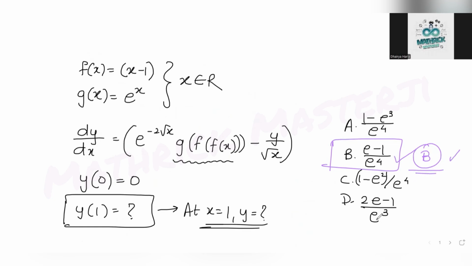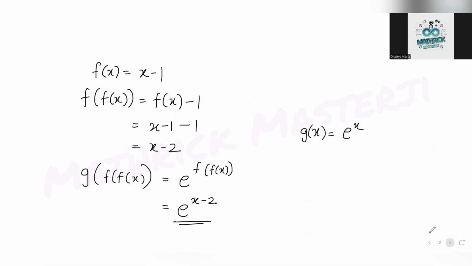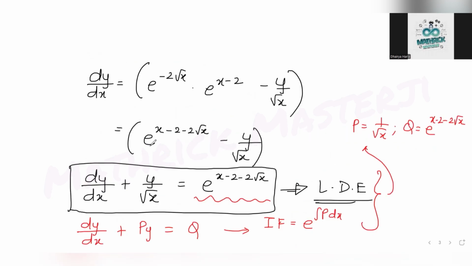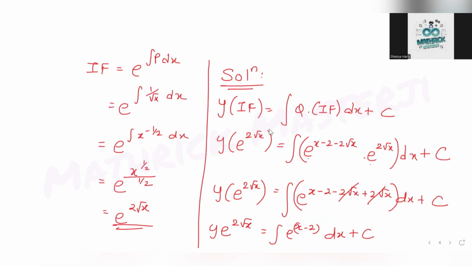I hope you have understood how to solve this type of questions, which deals with the concepts of differential equations. First we had the functions f of x and g of x. From there I found g of f of x. Once I found that and put it in the expression, it basically made a linear differential equation of the general form dy by dx plus py equals q, from where I found the integrating factor and the solution of the differential equation.